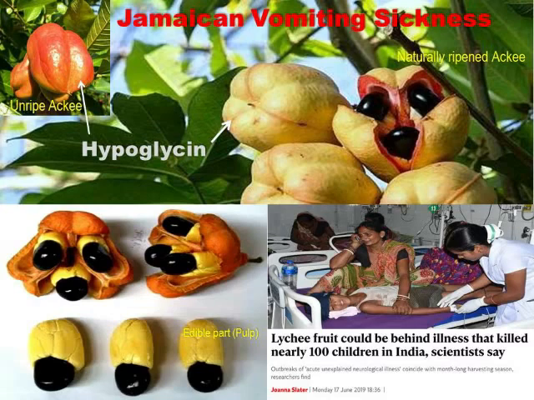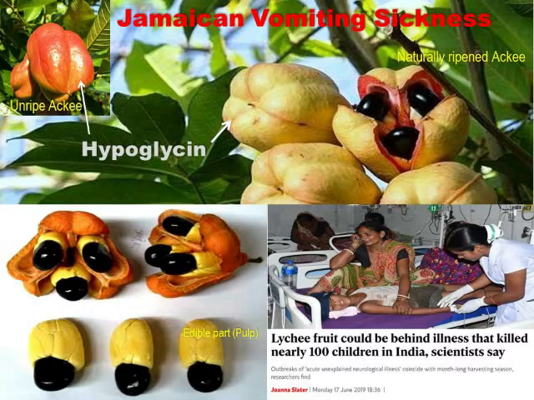This is characterized by gastrointestinal illness, vomiting, hypoglycemia, and CNS depression. Severe hypoglycemia and seizures ultimately lead to coma and death, mainly in case of malnourished children.